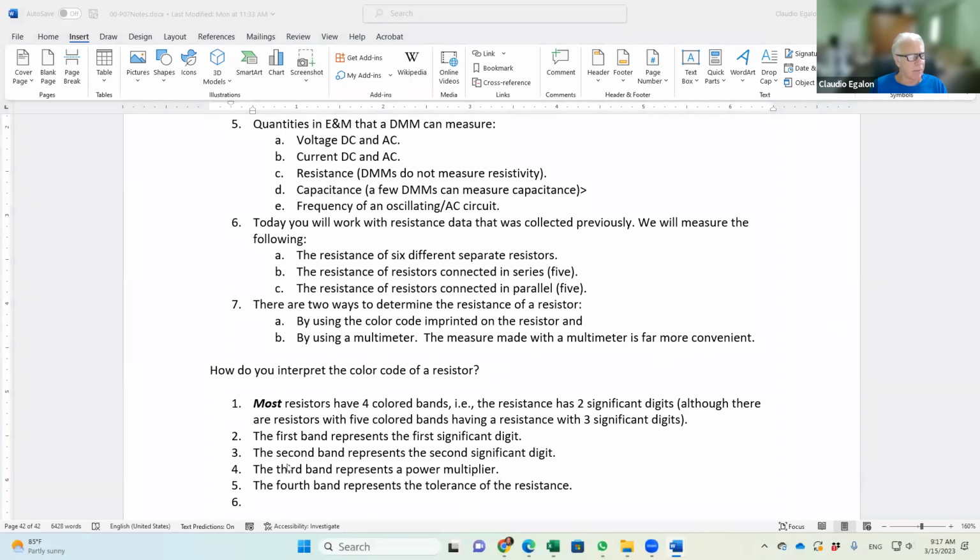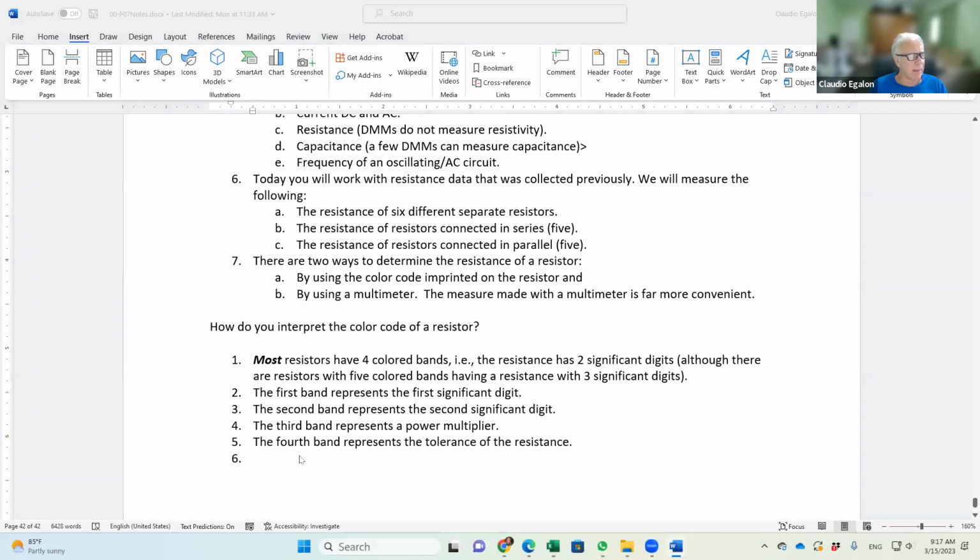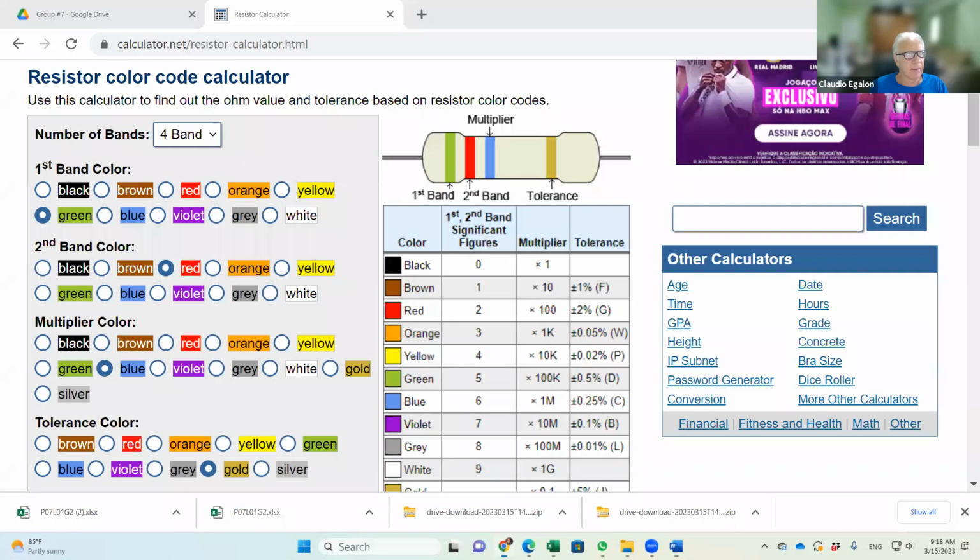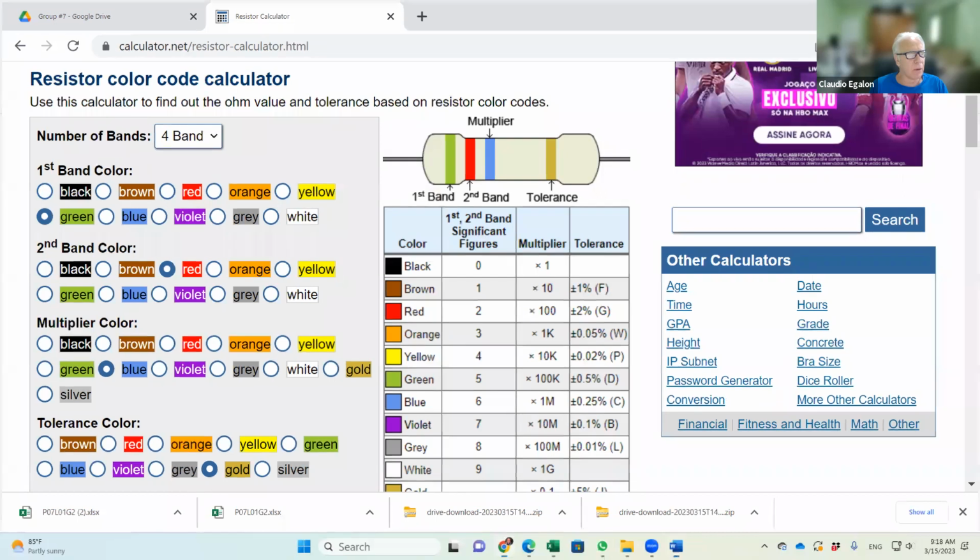The first band represents the first significant digit, second band the second significant digit, the third band represents a power multiplier. Okay, and the fourth band represents the tolerance of the resistance as provided by the manufacturer. Okay, example. We're gonna get that example that you saw: green, red, blue, and gold, right?